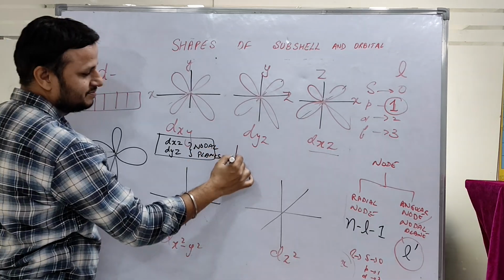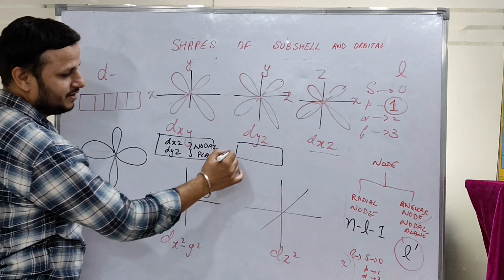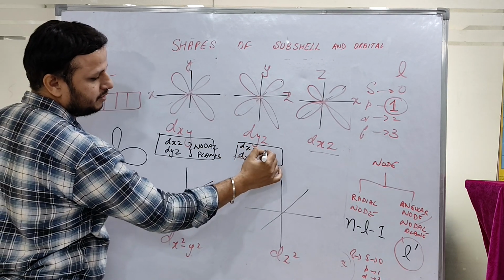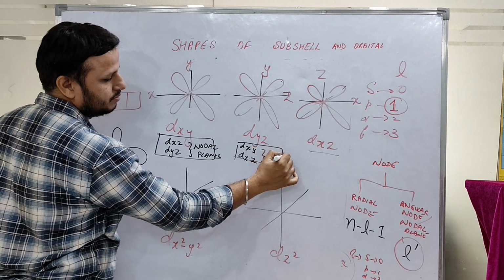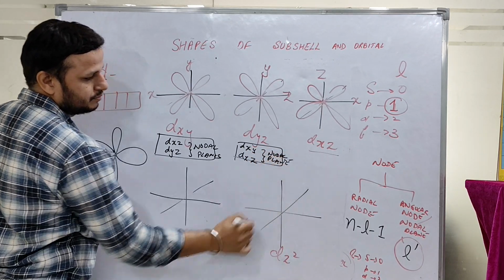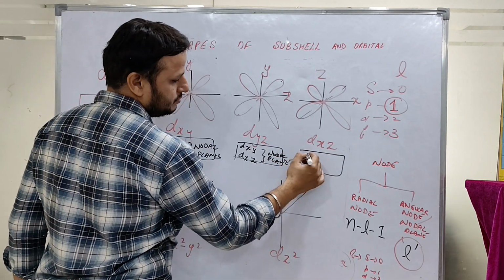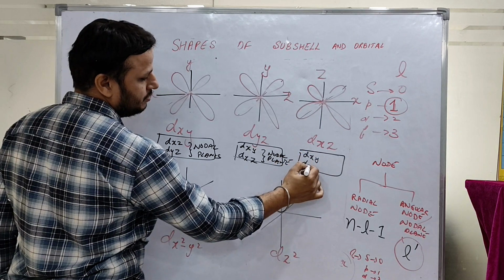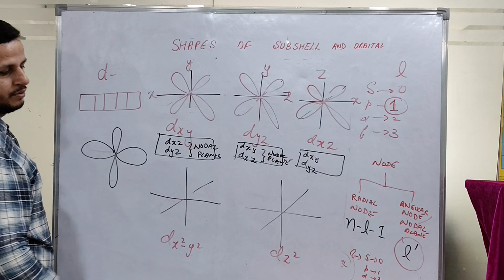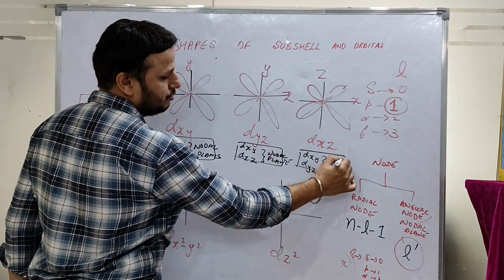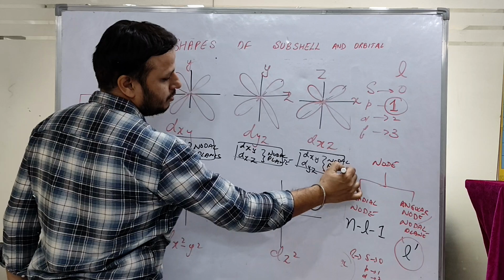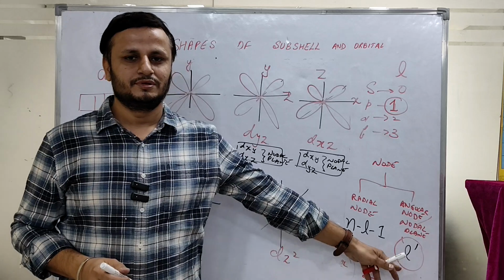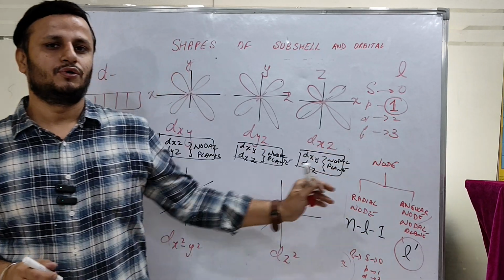For dyz, the xy and xz become nodal planes, and for dxz, which nodal planes will form? The xy and yz become the nodal planes. And according to the formula, the number of angular nodes, the nodal planes for d, is 2.